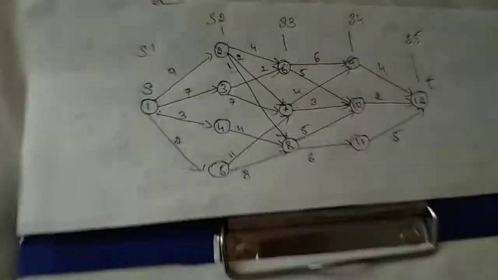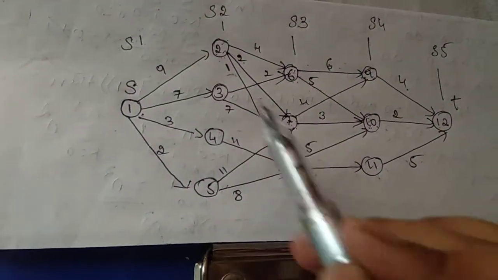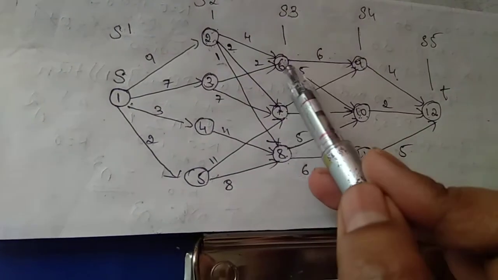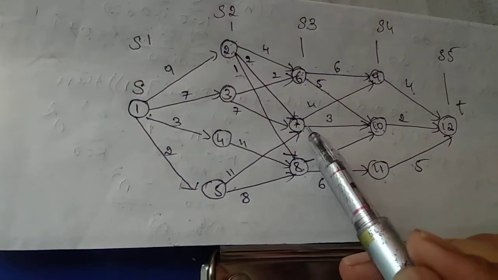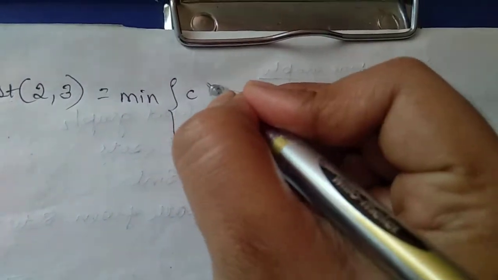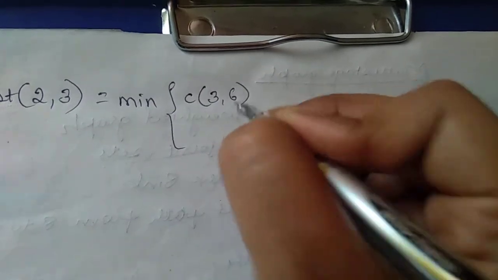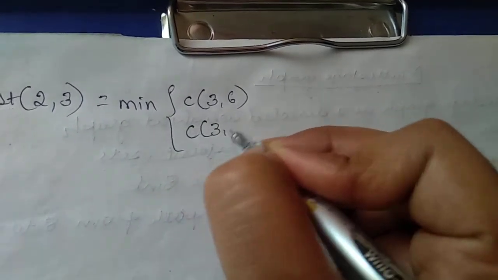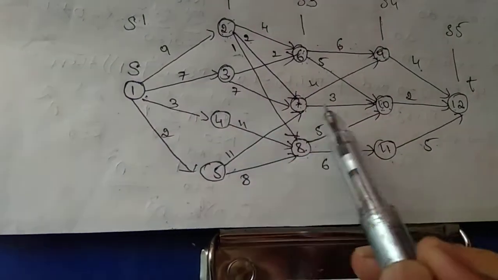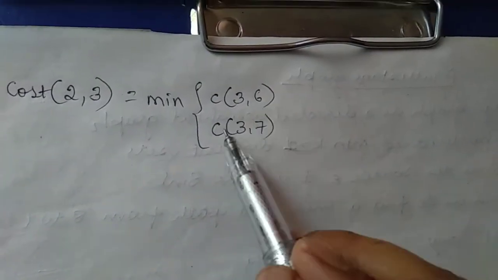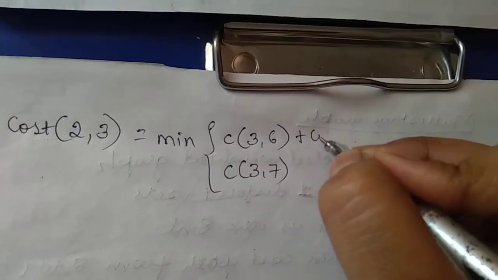Minimum of, first you find out from 3 how many edges are going. From 3 towards 6 and towards 7. Only 2 edges, 6 and 7. First I will write C of 3, 6, C of 3, 7. That is from 3 to 6, 3 to 7.